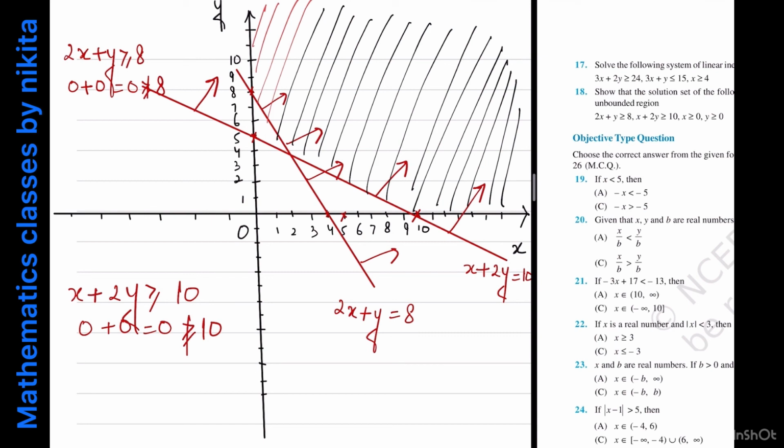So this is the common region, starting from here, then this, and then going like this.